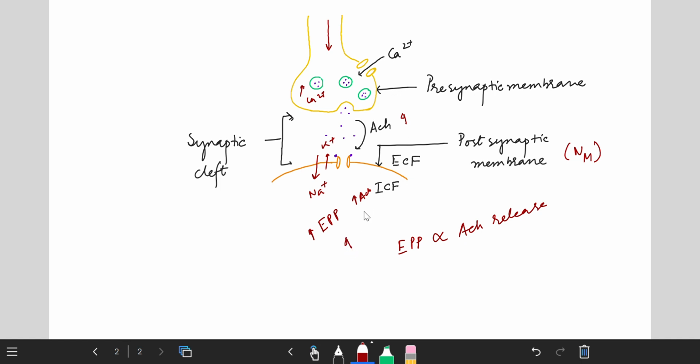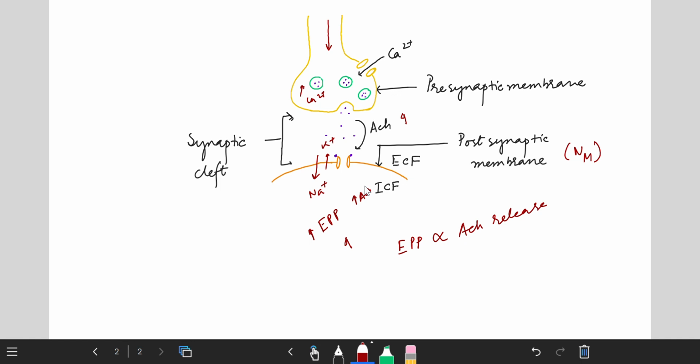This is directly proportional. Now what will this EPP cause? This EPP creates an action potential in the sarcolemma. As a result, muscular activity occurs.